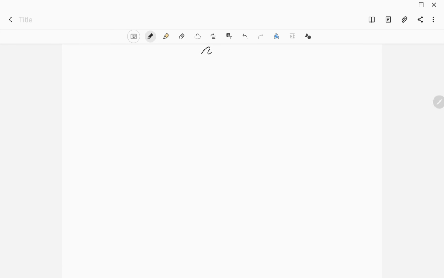Example 3 on page 128 gives y is equal to negative 3x squared plus 5x. And they want me to complete the square with this. Okay? So first of all, there's no constant to move over to the side.